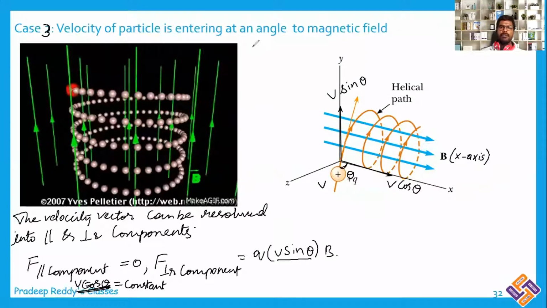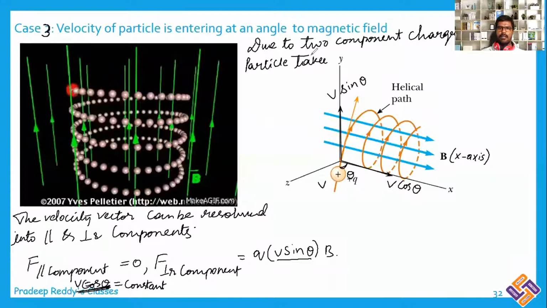Therefore, due to these two components, the charged particle takes a helical path. Helical path, that is straight line and circular. Both combined together give you a helical path.